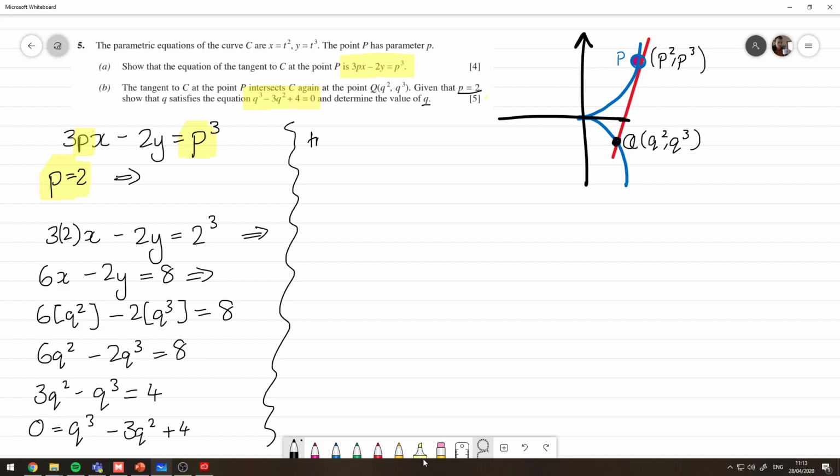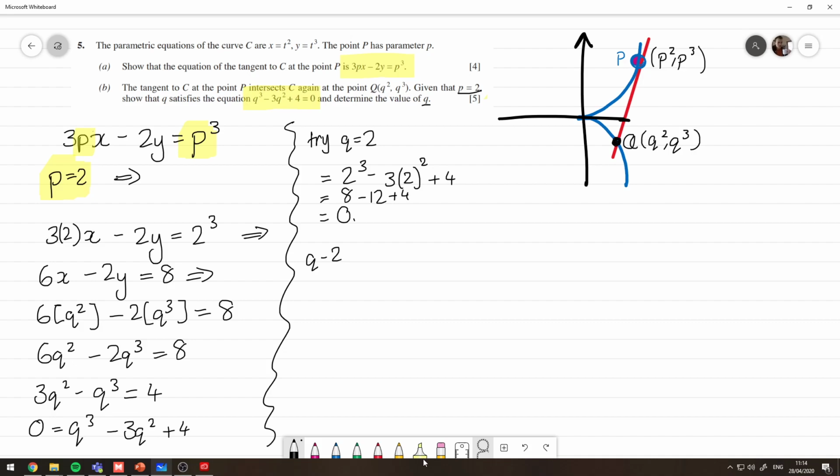So if I just try q is 2, I'm pretty sure that's going to solve. Yeah, that solves. Cool. So one of the factors is q minus 2.